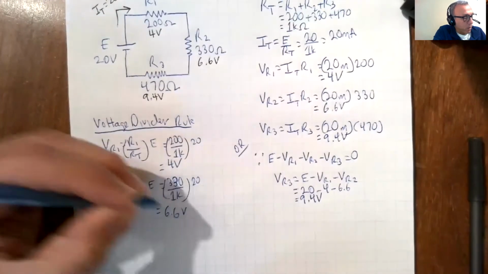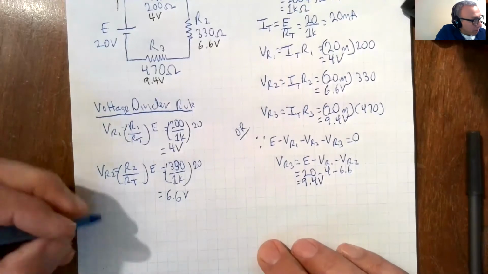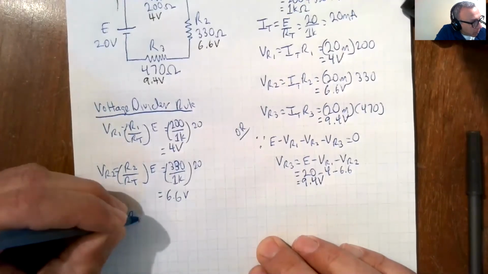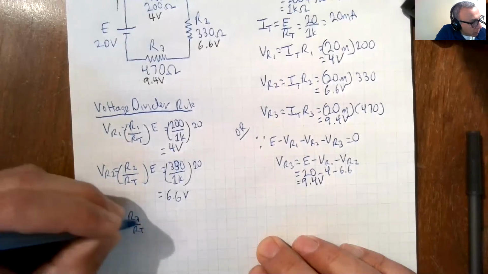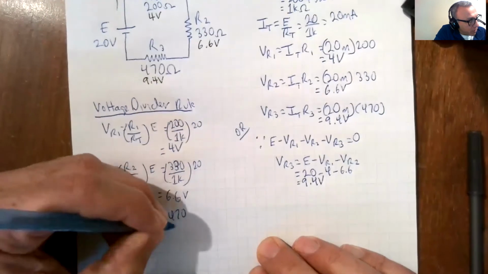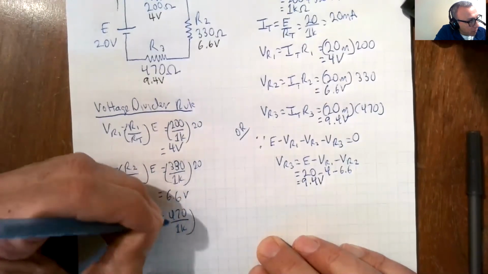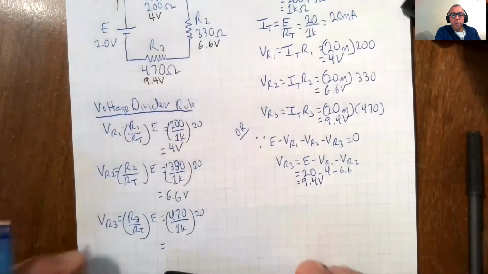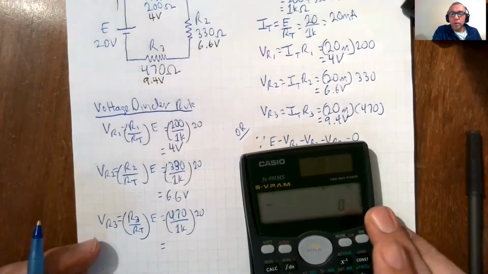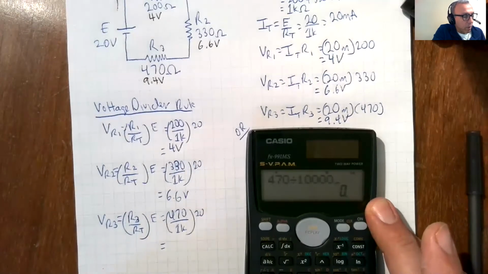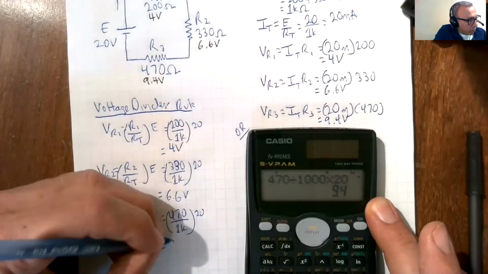So we know it's going to work out the same, but because I'm a teacher, I'm going to go through it anyway. R3 over RT for VR3 times E, which is 470 over 1K times 20, and that will equal, nobody spoil this now, 9.4.